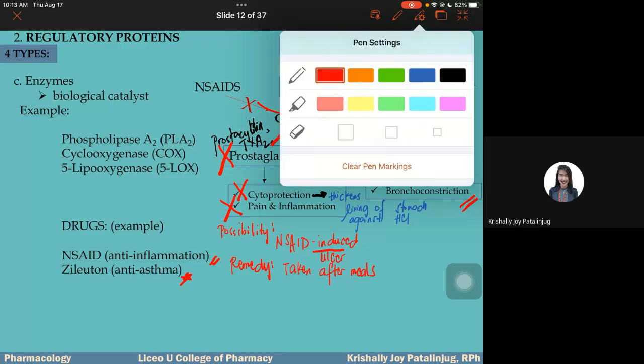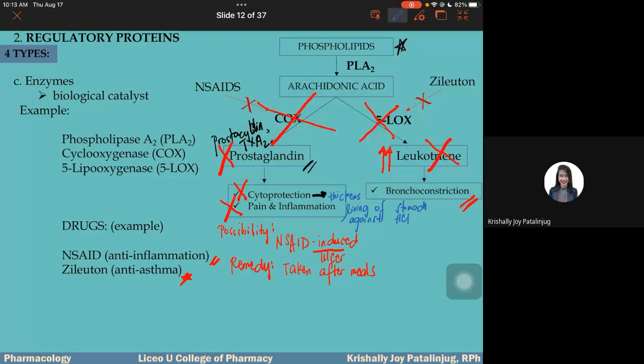We also have drugs that do not target the enzyme 5-LOX itself, but target the leukotriene receptor. Because for leukotriene to render an effect of bronchoconstriction, it should bind to a particular receptor, and that is known as the leukotriene receptor.